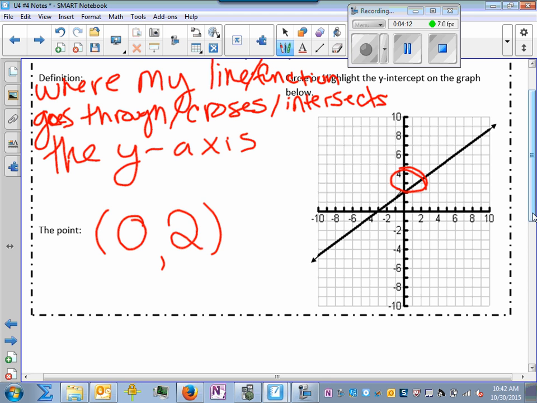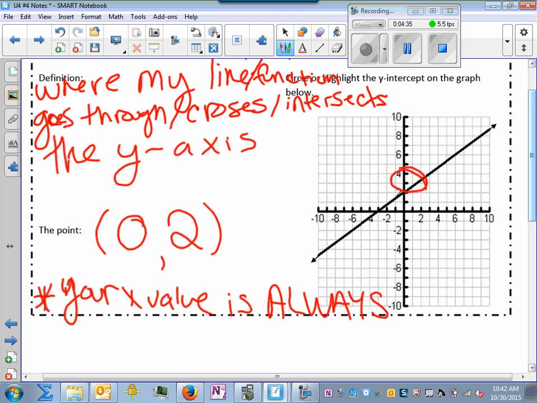for, right. So your x value is always zero for your y-intercept.